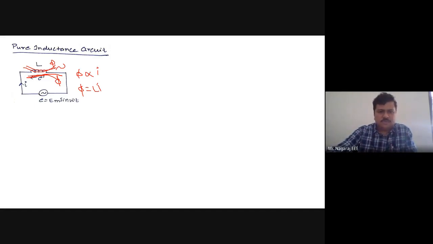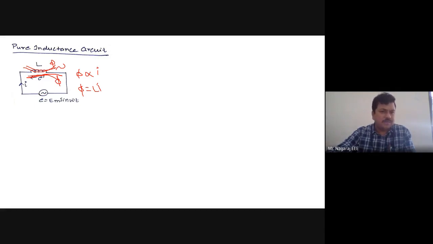Now, this flux is equal to L into I. So the amount of EMF induced here is equal to d phi by dt, or d Li by dt.